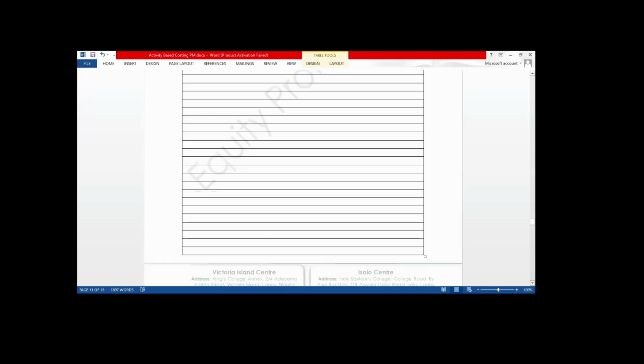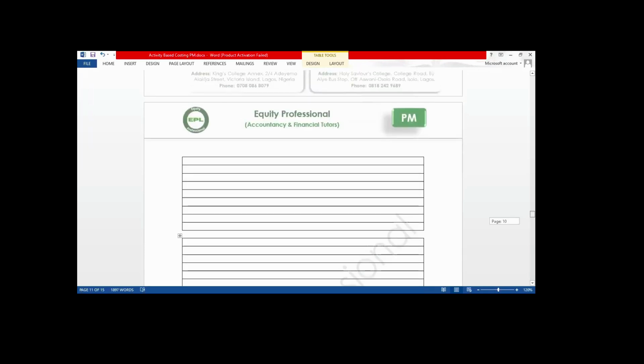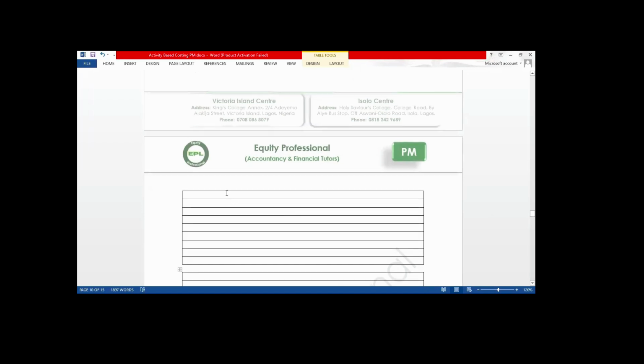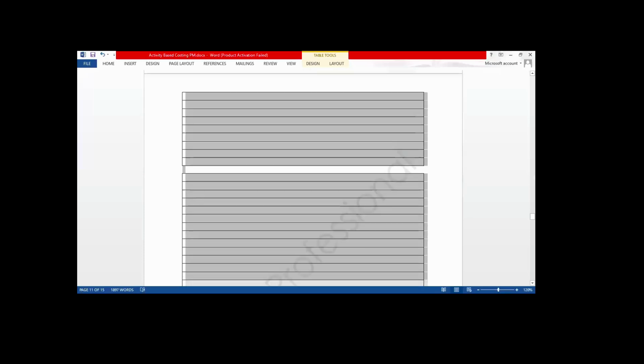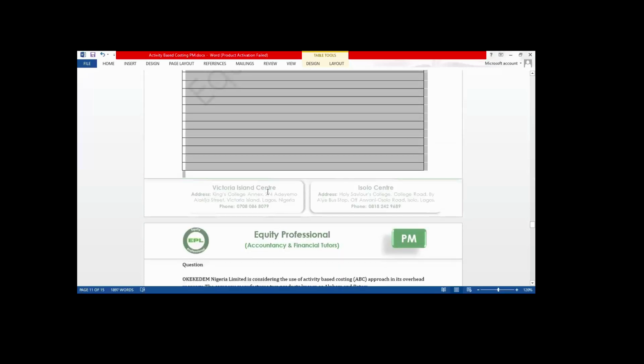Now, what is activity-based costing? Activity-based costing is a costing method that accounts for overhead by taking into consideration the activities that have given rise to the overhead.